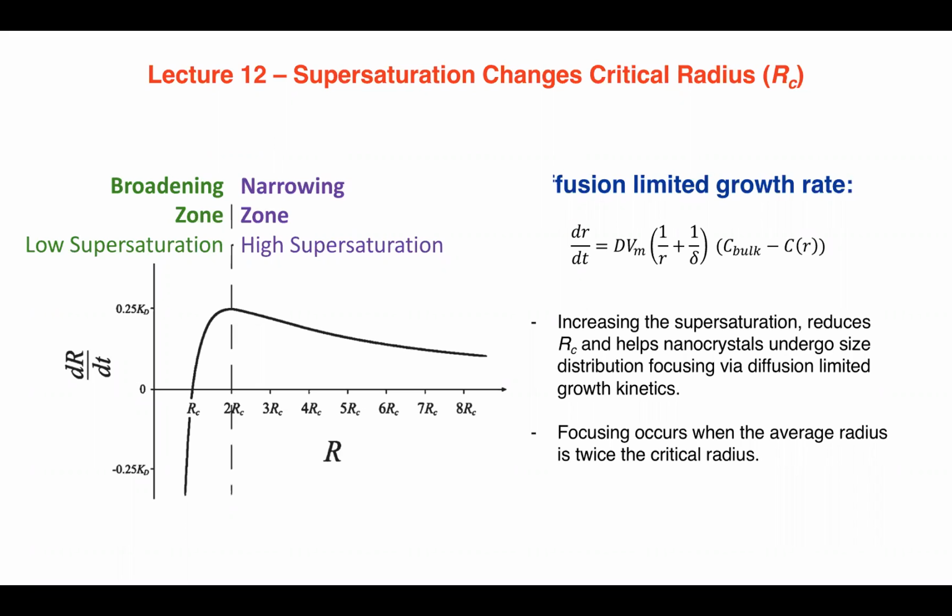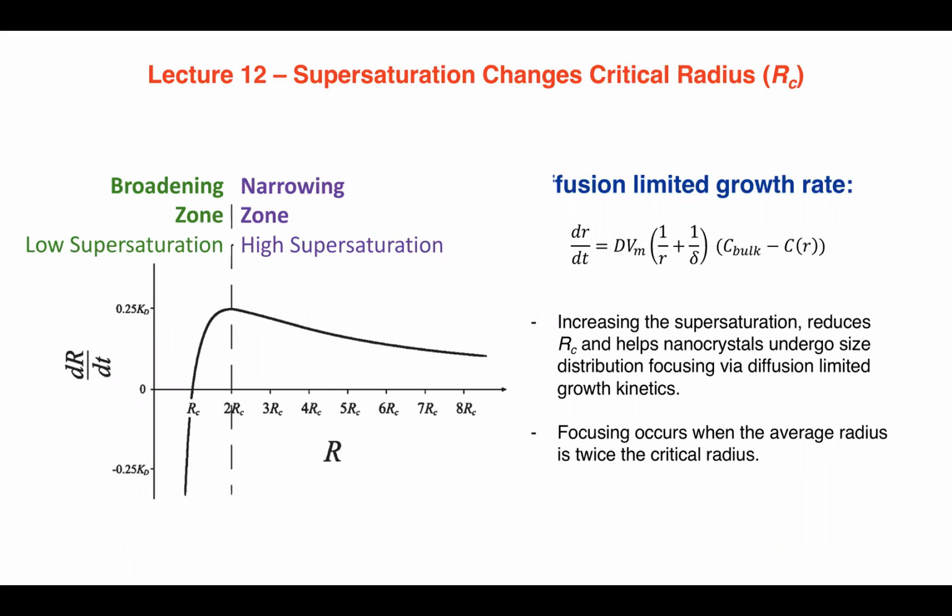If the size is down here in this region, you actually end up in a situation where some of those crystals may actually want to dissolve. They become less likely to grow. But to get into a focusing regime, you actually need to be above about twice that critical radius to get that ensemble far enough away where all of those crystals want to grow in size rather than dissolve.